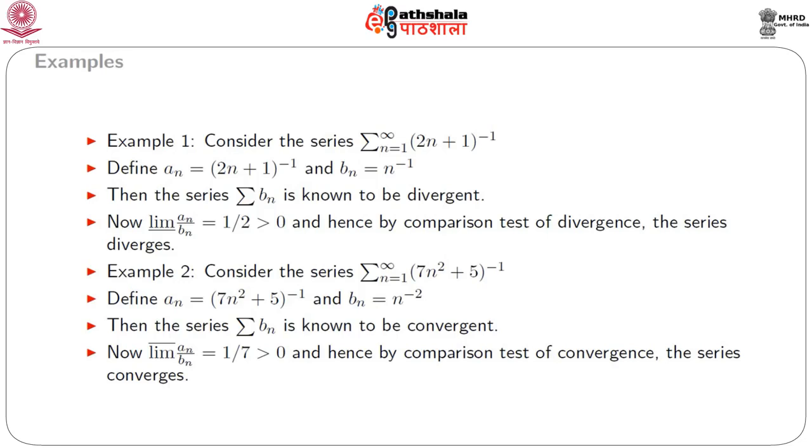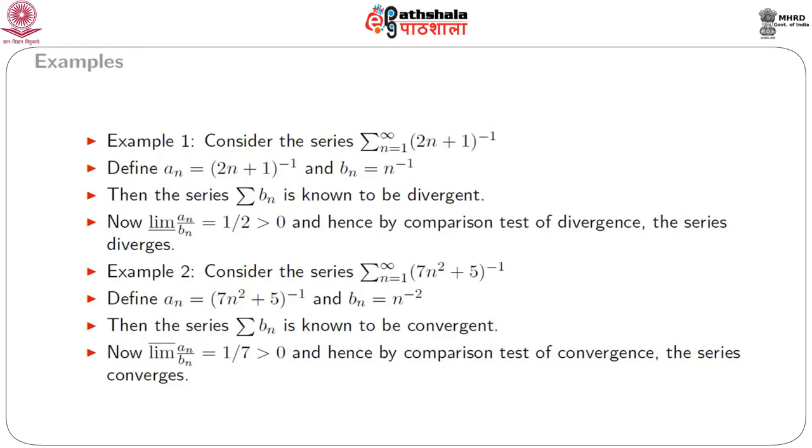Then the series summation 1 by n is known to be divergent, and now limit inferior of a_n by b_n equals half, which is positive, and hence by comparison test of divergence the series diverges.